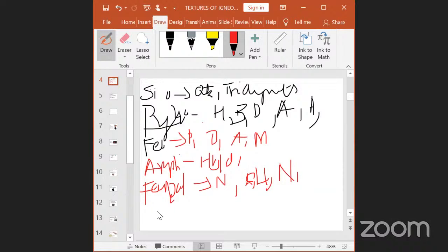These are the examples. And the olivine group, example: olivine.